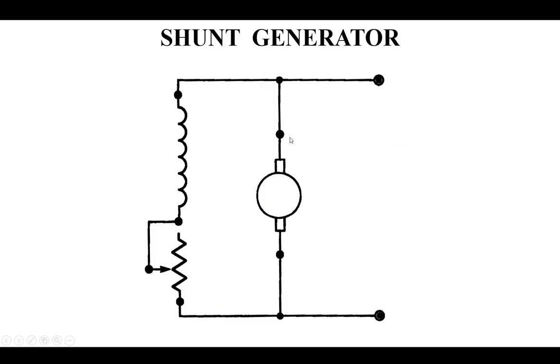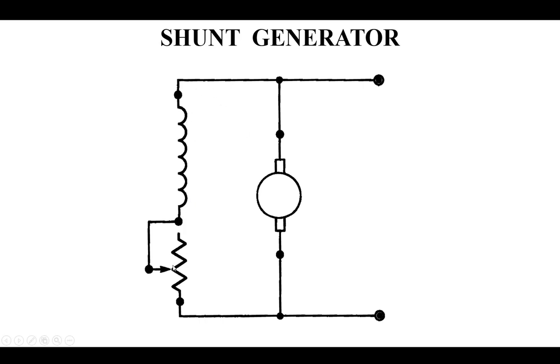A shunt generator works off its own self. There's always a little bit of residual magnetism in the poles, in the field, to get this thing started. And as soon as it starts and starts to put out an output, some of it goes this way and self-excites itself.